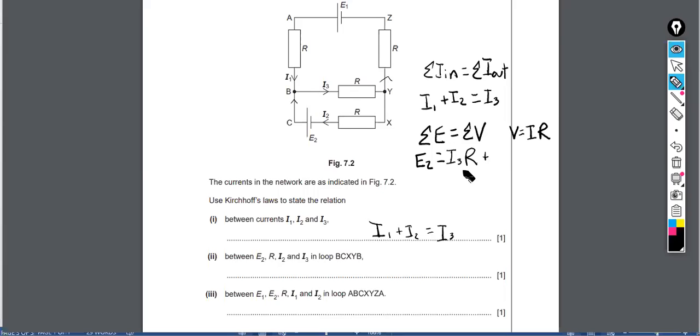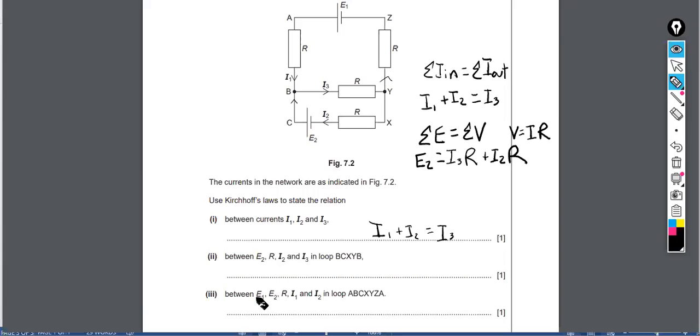Here we don't have the same I3, but we've got I2 going through R, so the voltage drop across that one is from the different current I2, but the value of the resistor is the same R. That's your equation for part 2: E2 equals the potential differences across here and across here. Note that it is the current driven through the resistor, which is why I3 goes with this R and I2 with the other.